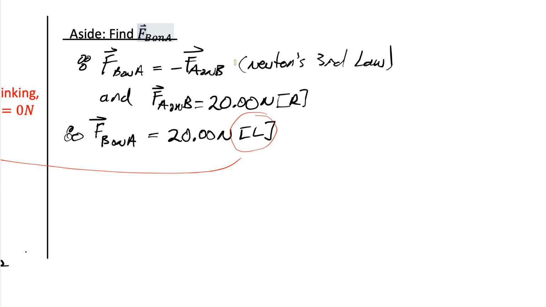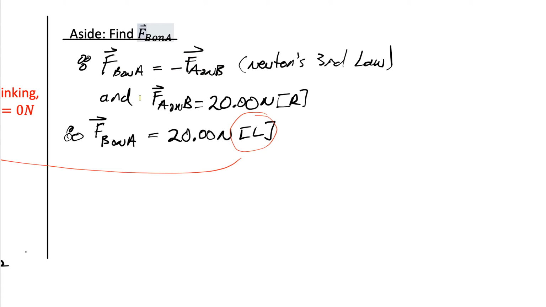And to argue it, you need the following three lines. Since FB on A is equal to negative FA on B, and this literally reads, every action has an equal but opposite reaction. That's the third law. So that's translating it into the language. And of course, when you write this statement, you must also include this, Newton's third law, to justify the statement. So this is your first argument. So your first argument is every action has an equal but opposite reaction.